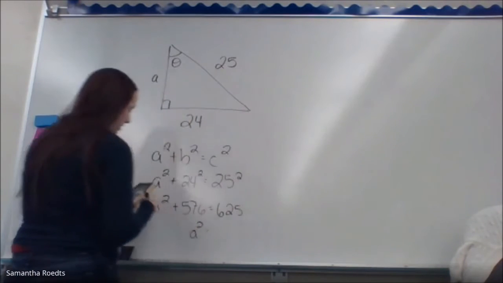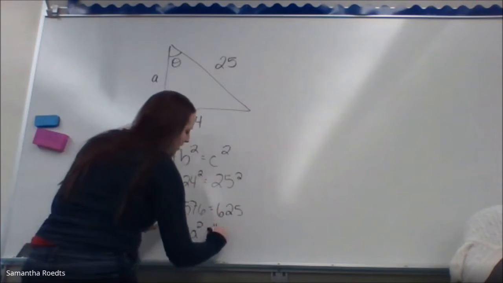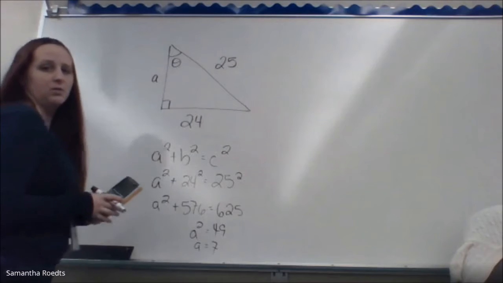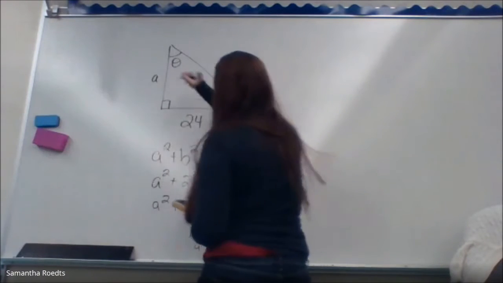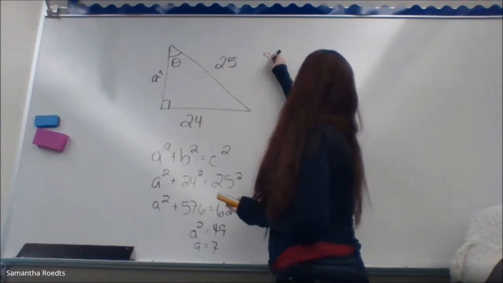So a squared is 625 minus 576, which is 49, which means a equals 7. Okay, so 7.